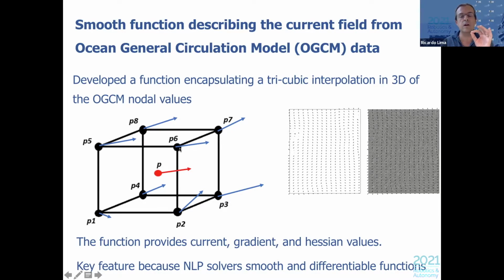And then we have a function that receives a position in this domain and gives us the velocity vector in 3D. And so this is an interesting function because it provides the current, the gradient, and the Hessian values that we need for the NLP solver, right? It has these key features for the NLP solvers. So with this strategy, we were able to handle the current, right?